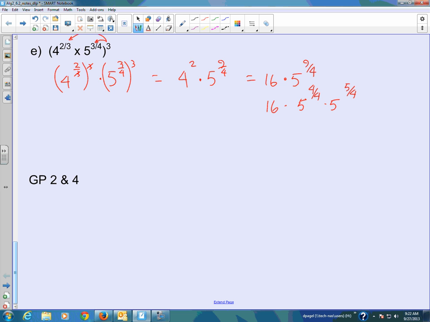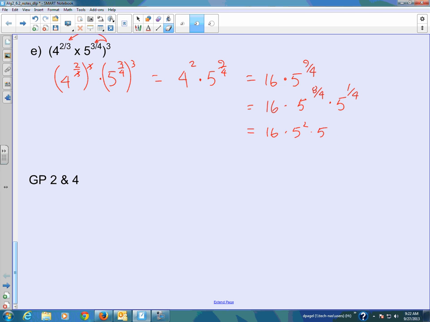Oops, denominator 4. Or recognize that instead I've got 8/4, so I can pull out actually 2 whole parts. And then I get a 16 times a 5 squared times 5 to the 1/4.